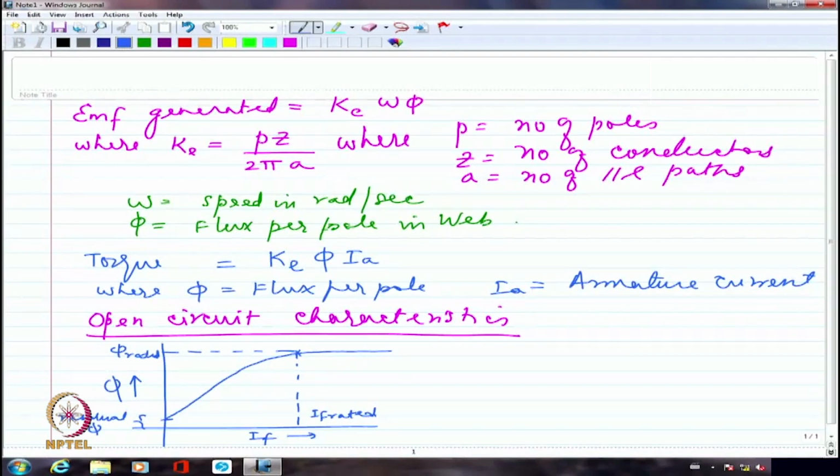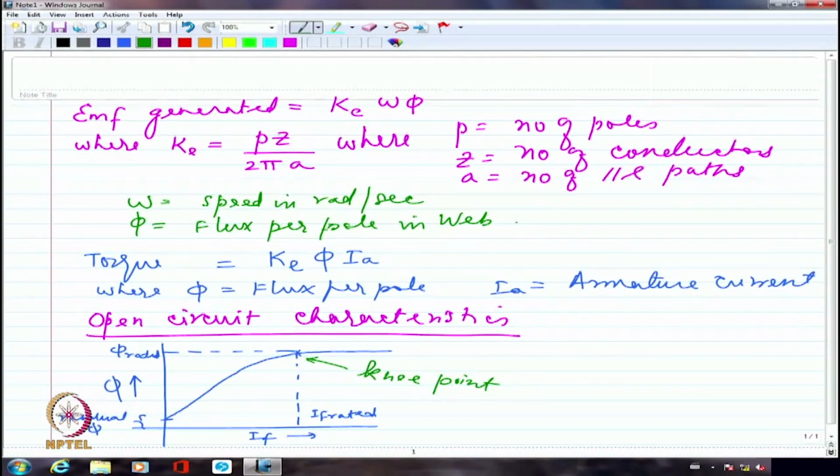If I look at the characteristics, it is going to bend near the knee region, and that particular point we call the knee point of operation. That's where normally we operate the DC machine.